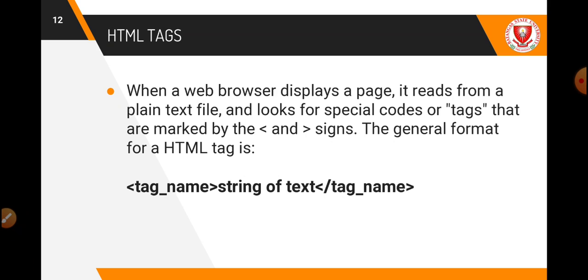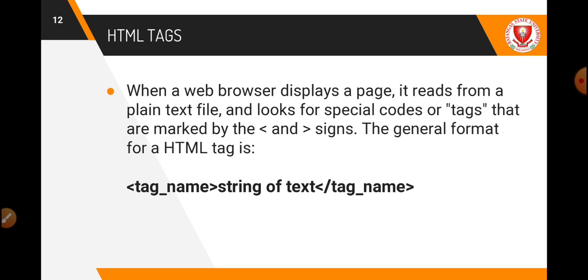When a web browser displays a page, it reads from a plain text file and looks for special codes, or the tags, that are marked by the angle bracket signs. The general format for an HTML tag is like this.